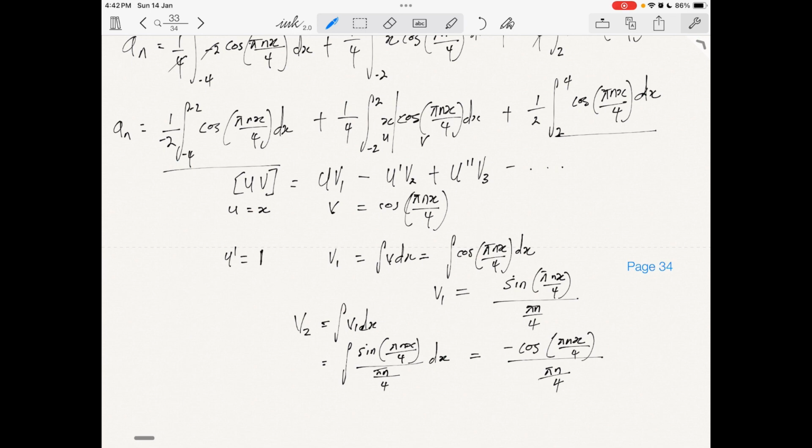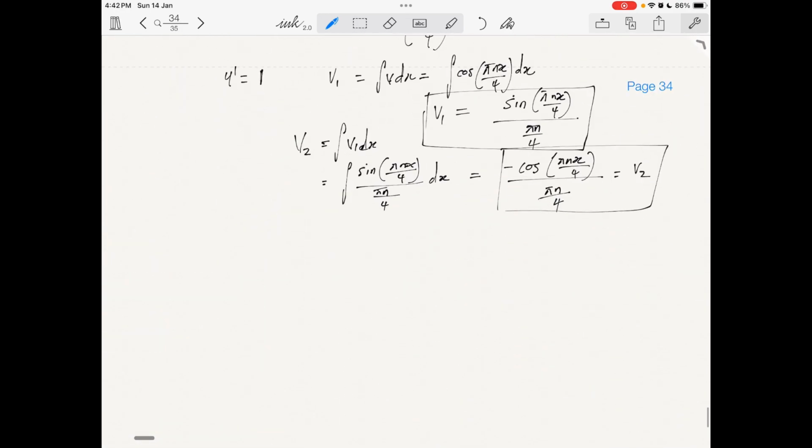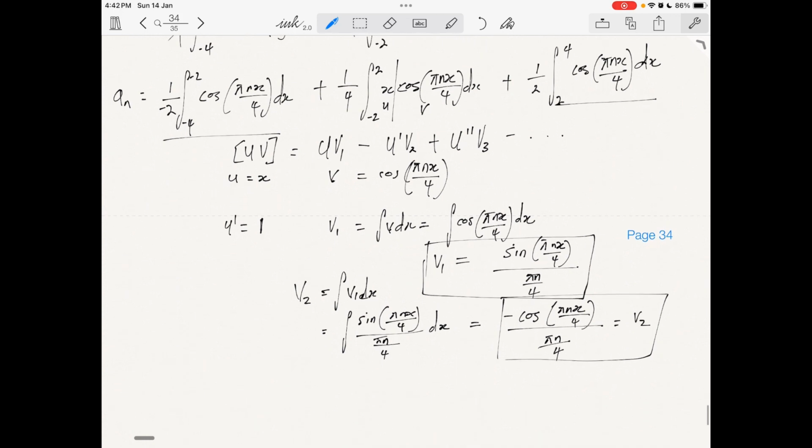So understanding that this is equal to v2 and this is equal to v1, then we can now simplify a_n further.